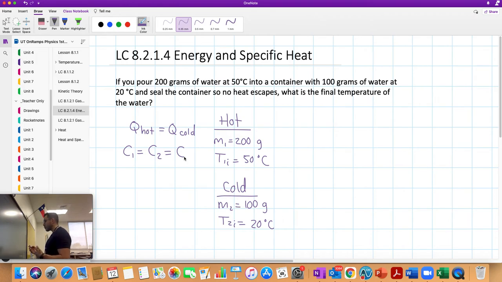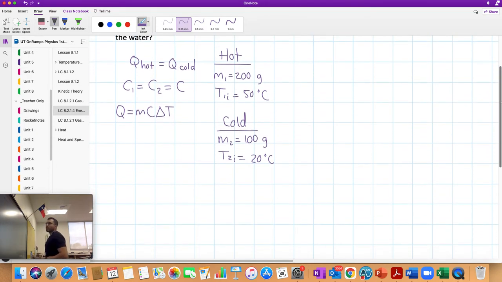So then we can now write our equation, because we know the general equation is heat equals mass times specific heat times change in temperature. Let's do that equal sign again. So we can say mass 1 times specific heat times change in temperature 1 equals mass 2 times specific heat times change in temperature 2.